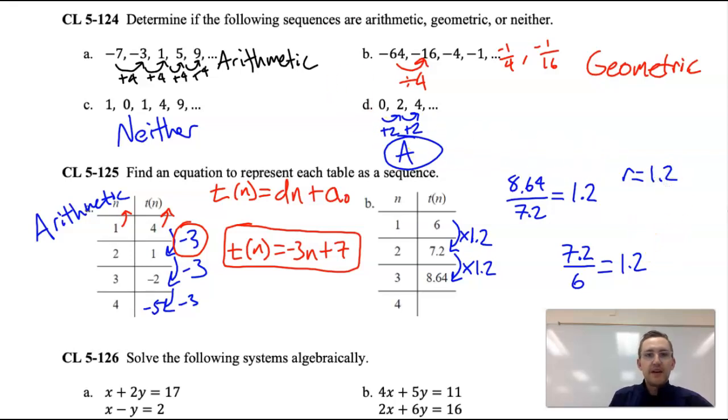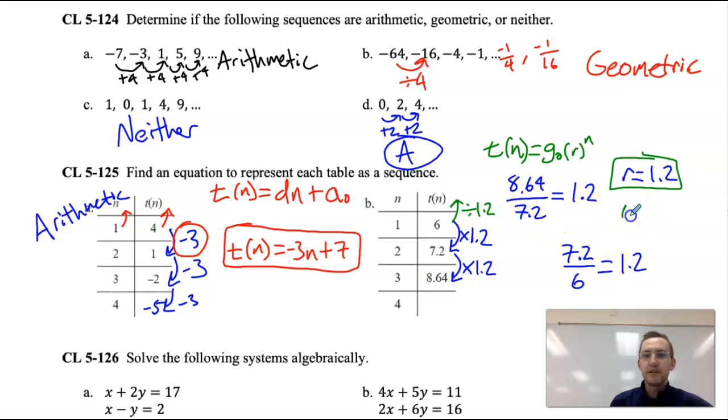So when we think about a geometric sequence, we know that the general form from our toolkit is T of n is equal to G sub 0 or G naught, which is the initial value of our sequence when n is equal to 0, times our rate raised to the n power. We already know r, so we just got to find that initial value. We can do that by taking 6 and, instead of multiplying by 1.2, dividing by 1.2.